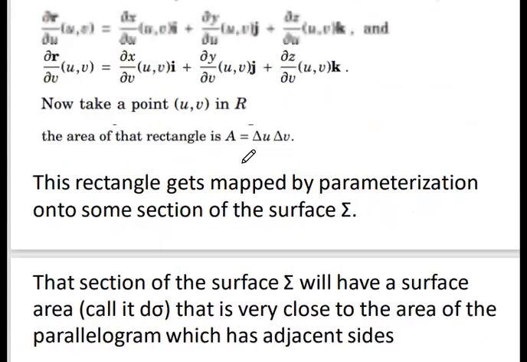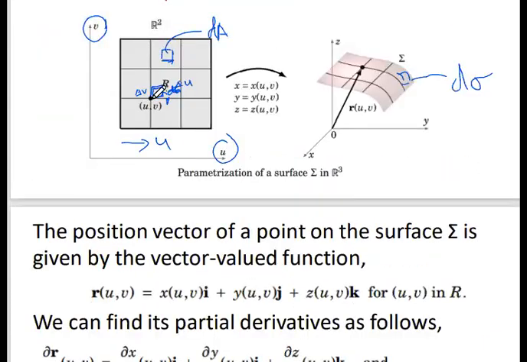So if you have this vector here, and you consider this delta u length, then for this point, what is the corresponding vector? r(u plus delta u, v). I think this makes sense.